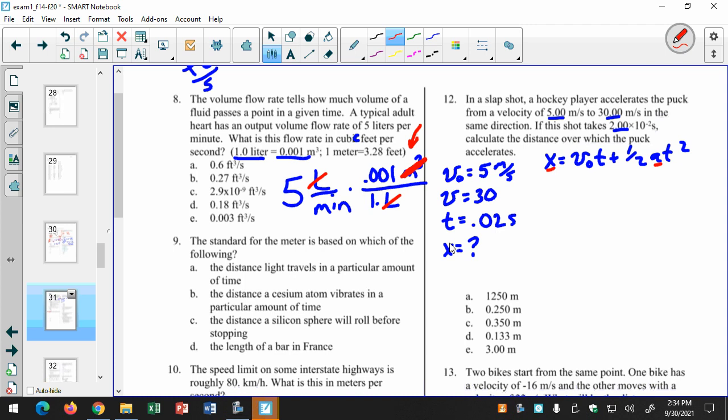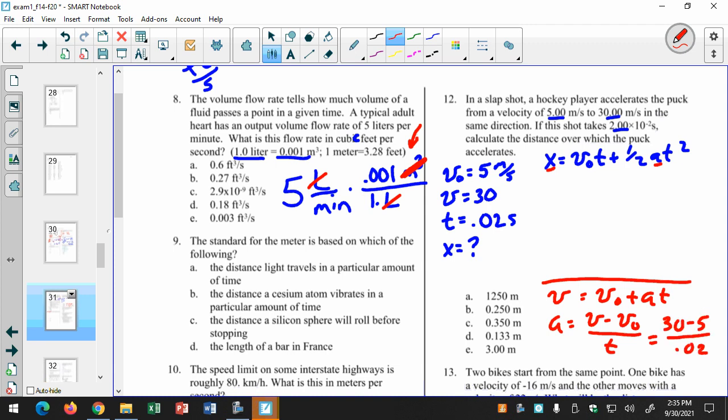Now this isn't a problem that's the same as the free response. This one's a bit simpler, but it's still a 2-step problem. The way that you would do this is you would say that v is equal to v naught plus at, and I would solve for a. A is equal to v minus v naught divided by t, or you could put in numbers and that's okay. 30 minus 5 divided by 0.02.